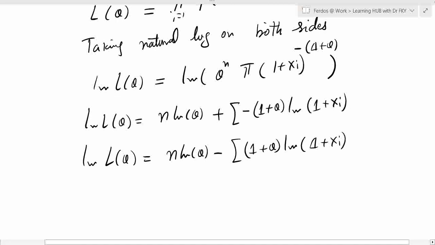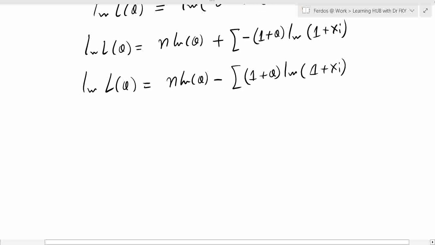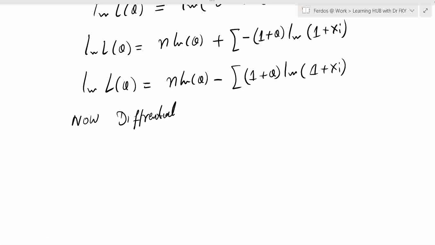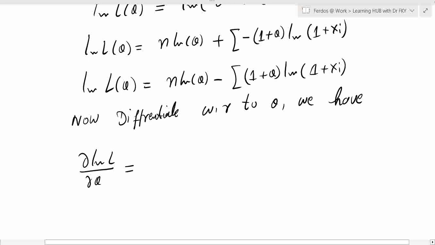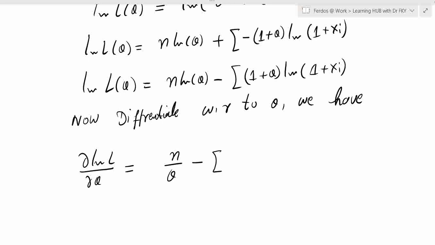Now differentiating with respect to theta, we have the shape: this is equal to n divided by theta minus the summation of natural log of 1 plus xi.